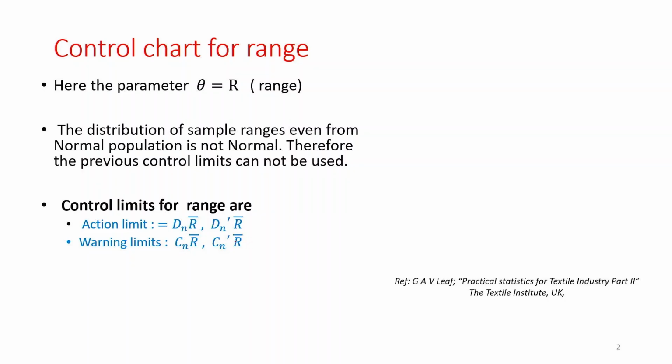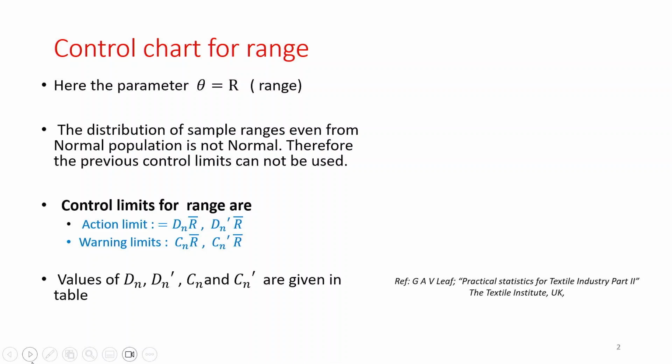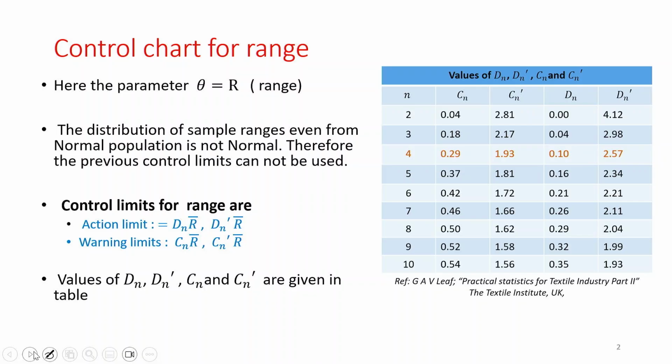What these constants Dn, Dn dash, Cn, Cn dash are is given in a table, and that table is this table. These are the values of Cn, Cn dash, Dn and Dn dash for different values of n.